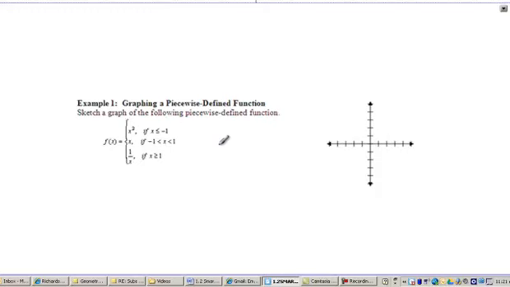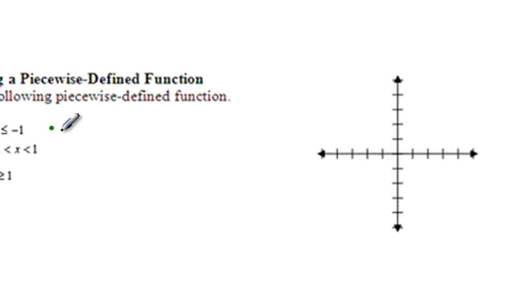Okay, so if I'm looking at the first equation, x squared, if x is less than or equal to -1. So that means starting at -1 and getting smaller, I'm going to graph x squared. So I'm going to take -1 and I'm going to square it. That's going to give me +1.